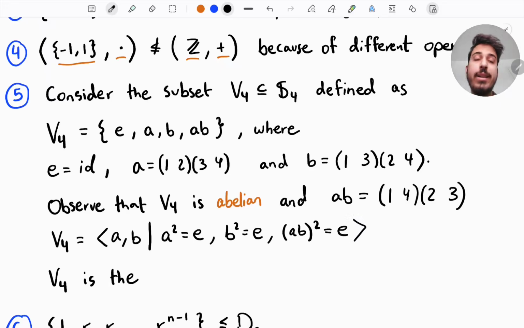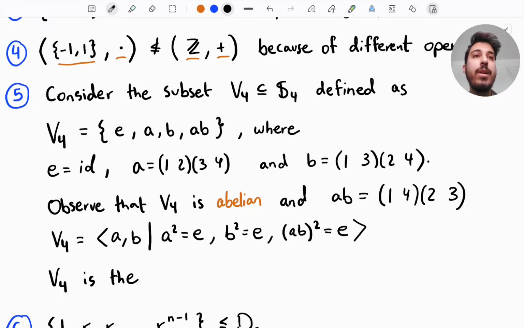The reason being is that we've seen in lesson 5 that a 2 cycle has order 2. So if you square a 2 cycle, you get back the identity. Since we have both of these cycles here as 2 cycles, squaring them both at the same time yields the identity. So this is why A, B, and AB have order 2.